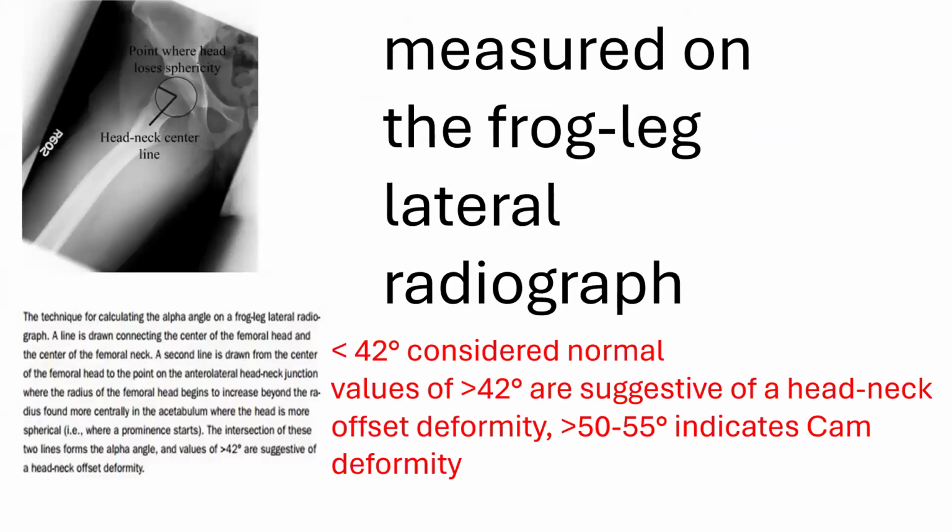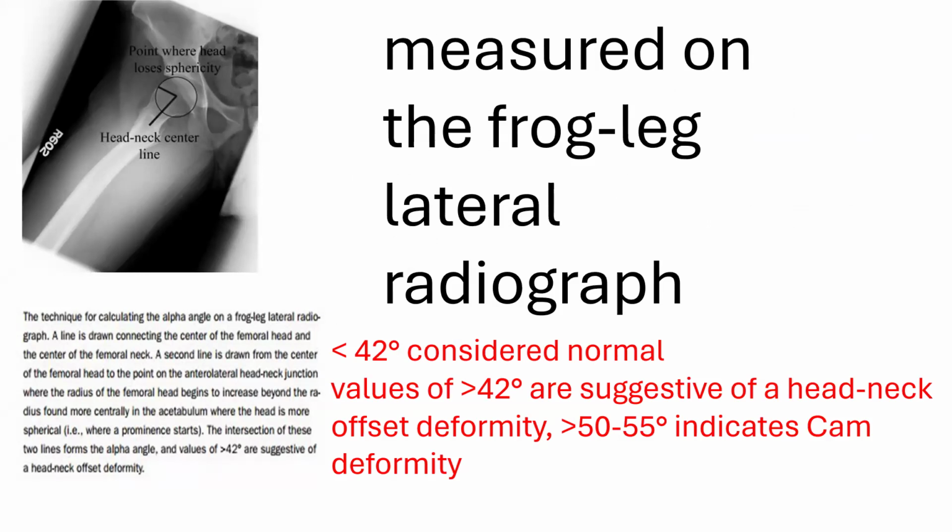You should also ask for a frog leg lateral radiograph. Why? Because this demonstrates the cam very well, and it gives us the alpha angle. The alpha angle is a line drawn from the center of the neck to the center of the hip, and another line drawn from the margin of the cam, where it starts, to the center of the hip.